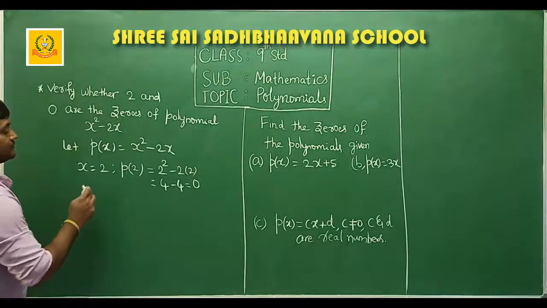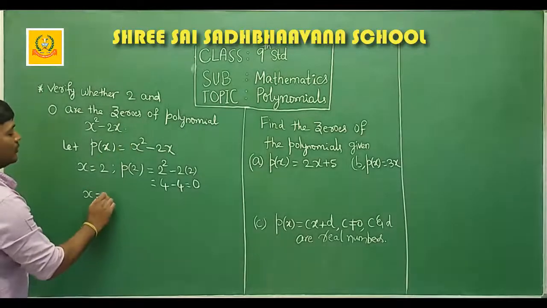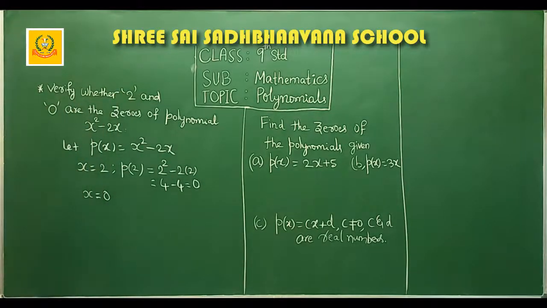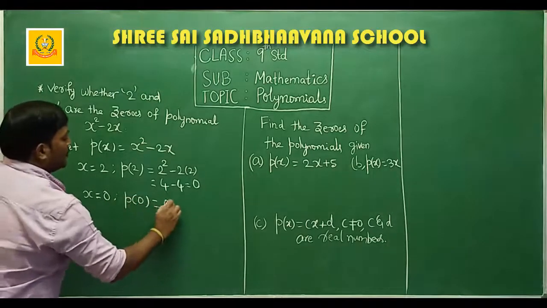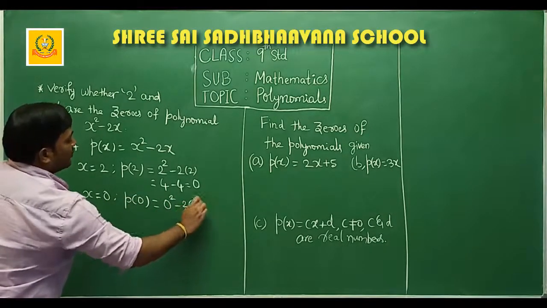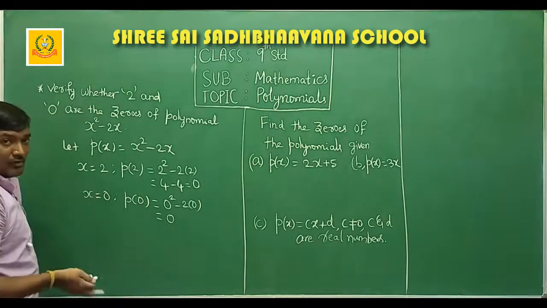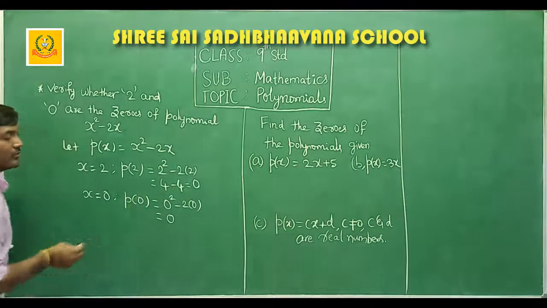Now, let me do another one. X is equal to 0. If I substitute 0 in the place of x, what do you get? P of 0 is equal to 0 square minus 2 into 0. So 0 square is 0 and any number into 0 is 0. Similarly 2 into 0 is also 0.